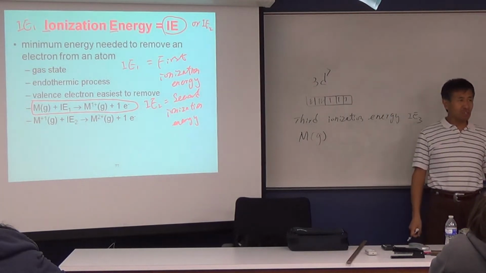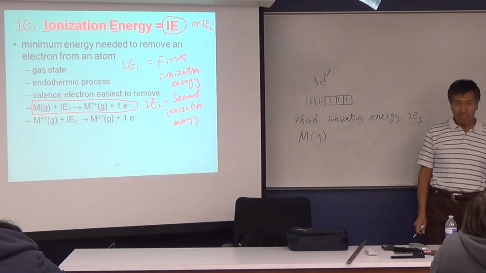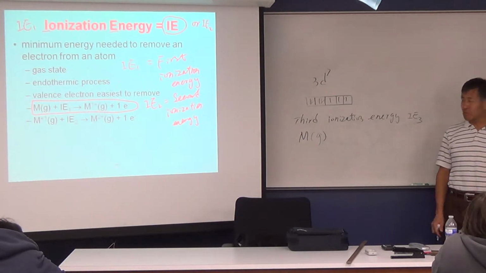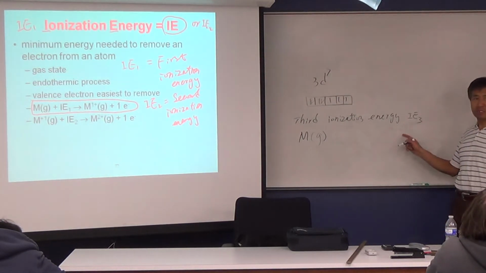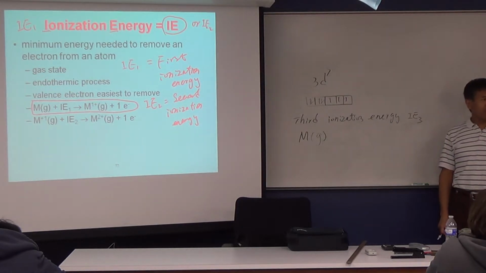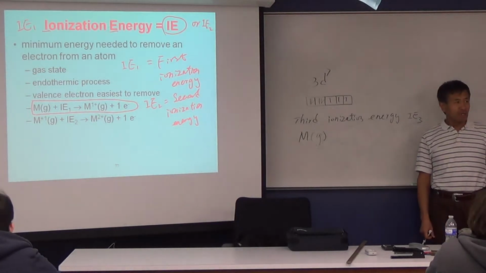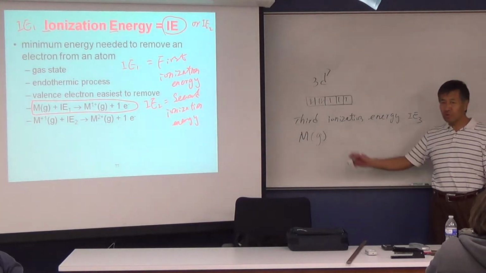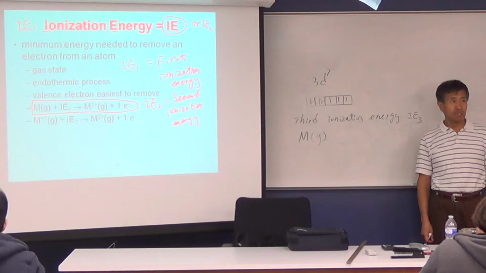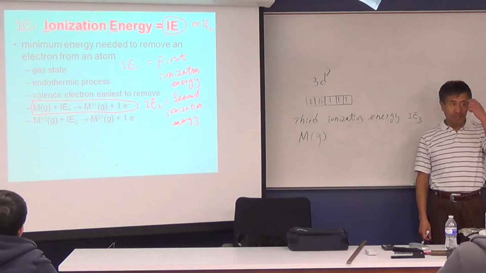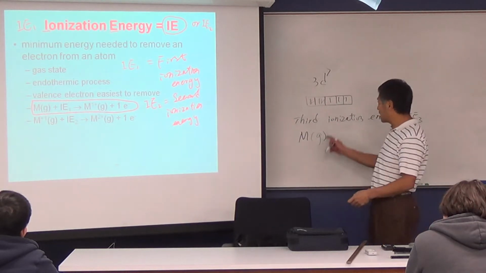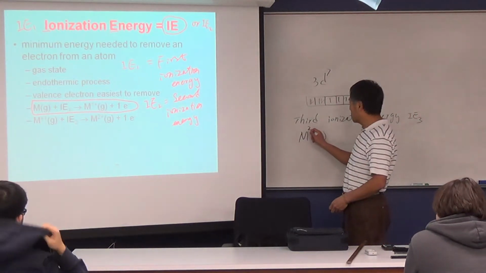So this G is gas. Alright, so what shall we start from if you want to see the equation for the IE3? Start from the M1 plus, start from the M neutral, or start from the M2 plus. You want to remove the third electron. You will start with what?